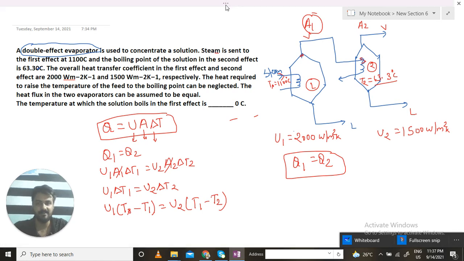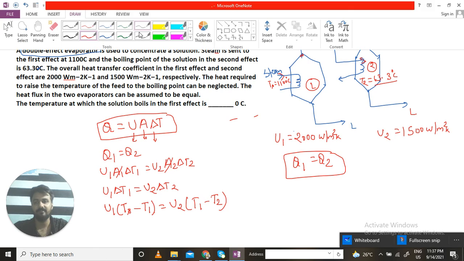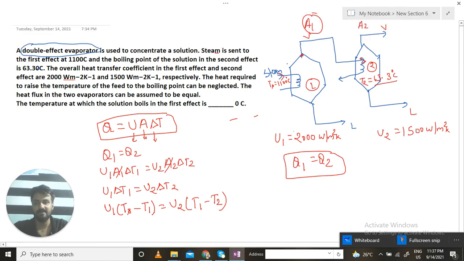So what will be the temperature difference in the first effect? Ts minus T1, because here steam is entering, that is Ts, and here the temperature will be T1. For this particular effect, the temperature difference will be T1 minus T2.